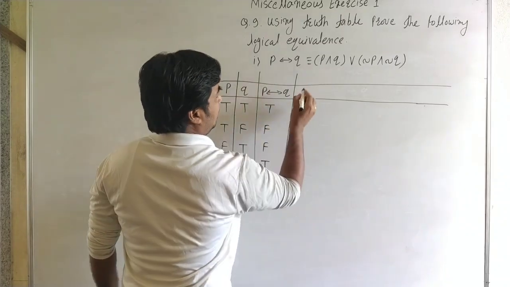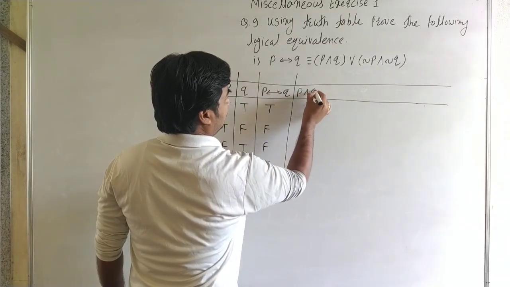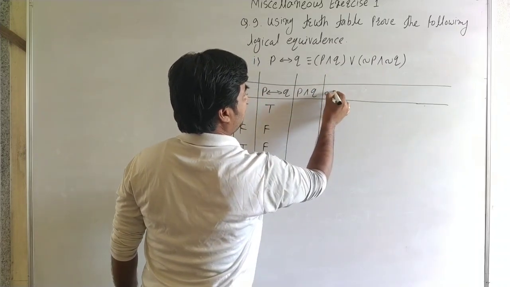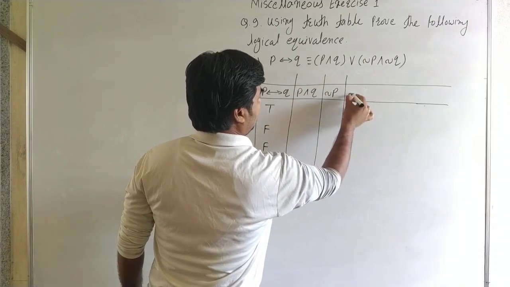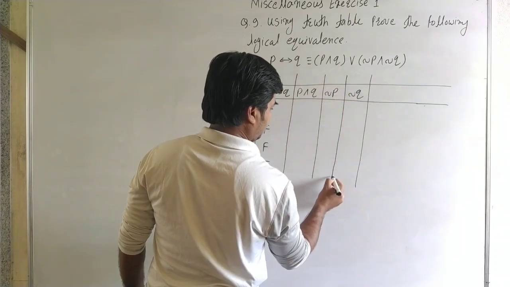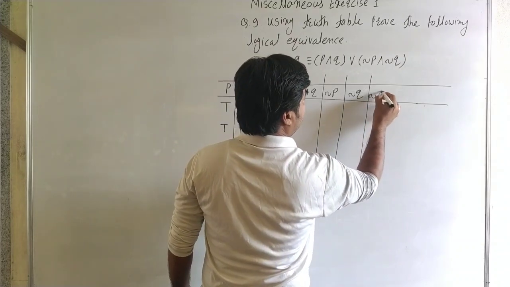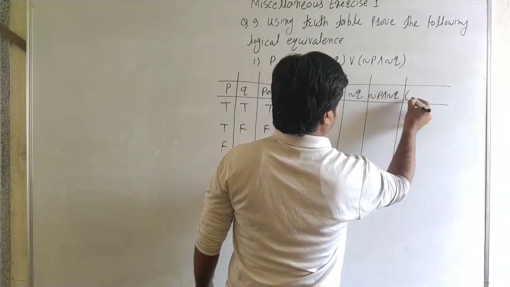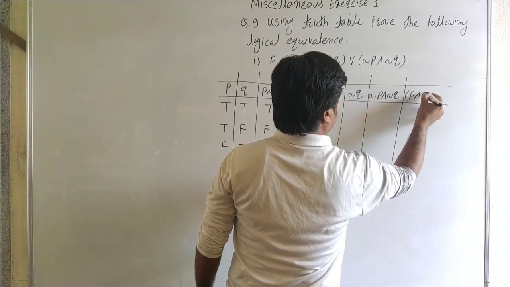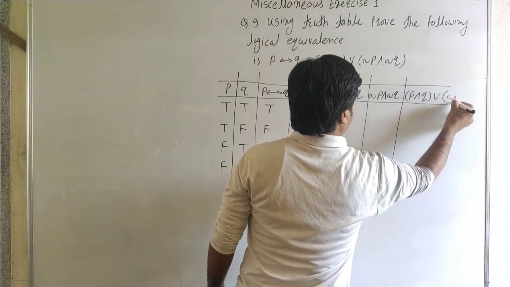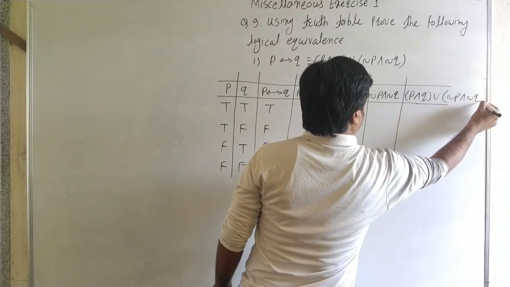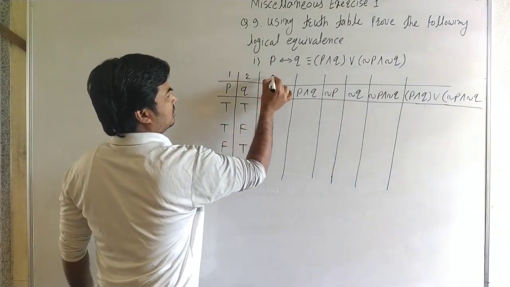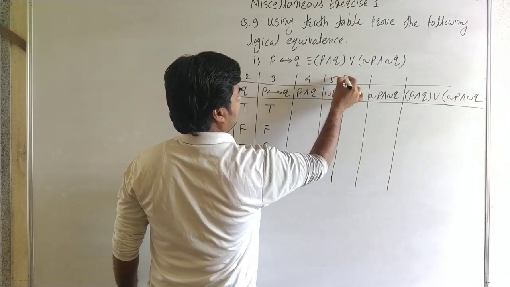Now find P and Q for the RHS, then negation P and negation Q. So first find negation P, negation Q. Then negation P and negation Q, and then P and Q or negation P and negation Q. Here we write the column numbers of these truth values.